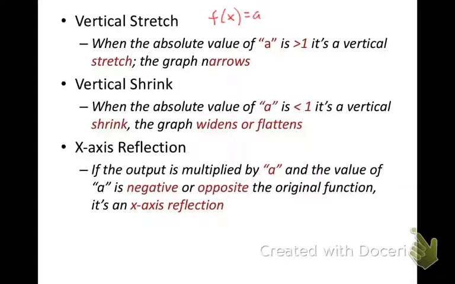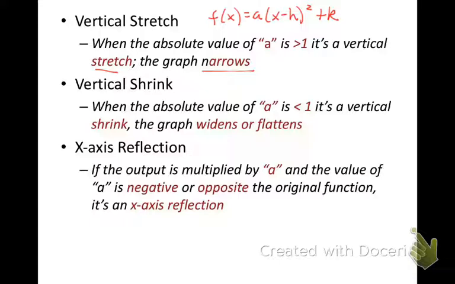So your a is in front, h is here, and then k. So when the absolute value, and that means we're ignoring whether it's positive or negative, we're just looking at the positive value of it. If it is greater than 1, then you're going to have a vertical stretch. So that graph will narrow.